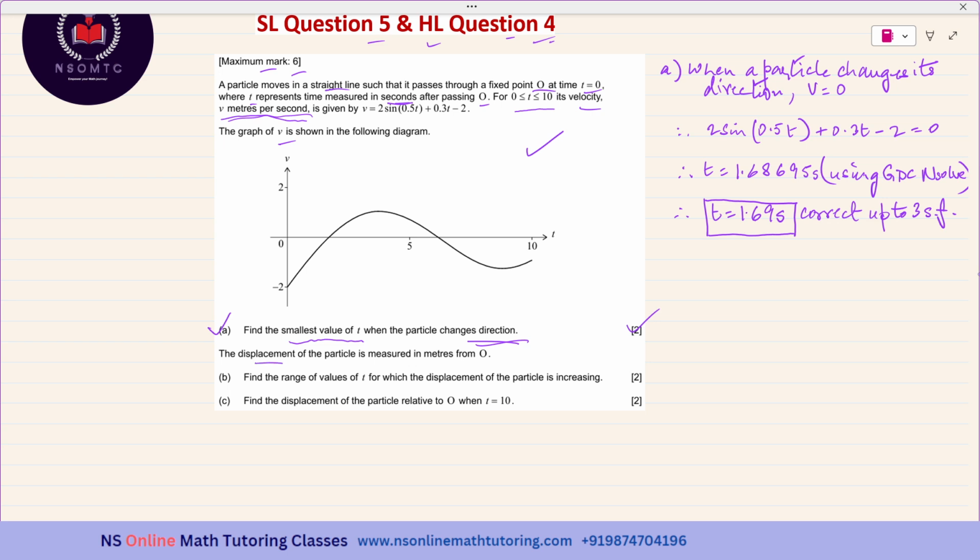So part B. The displacement of the particle is measured in meters from O. Part B's question is find the range of values of t for which the displacement of the particle is increasing. Displacement is increasing when velocity is positive.